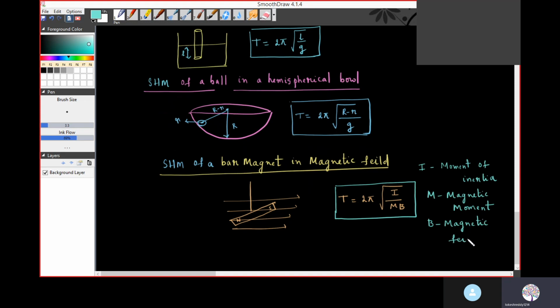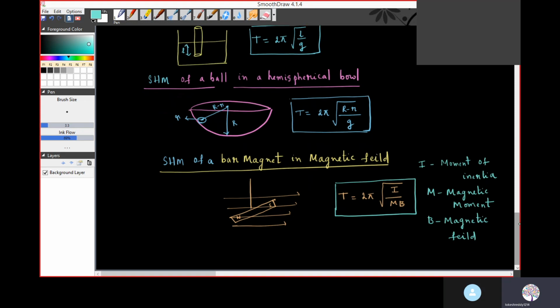So this is the SHM of a bar magnet in a magnetic field.